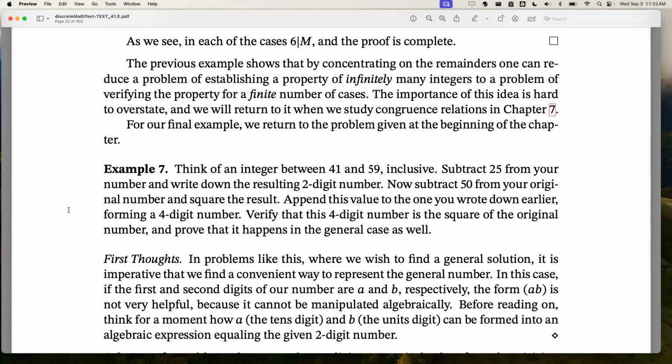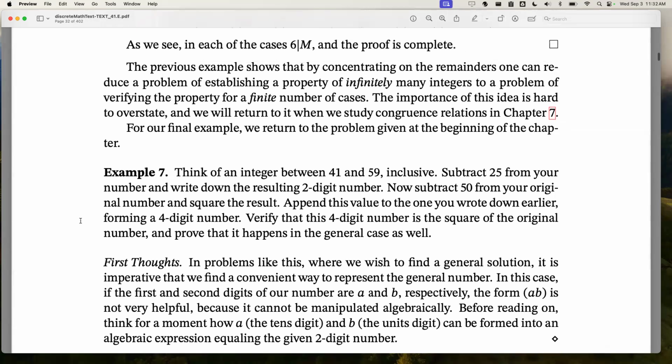We're going to put those two numbers right next to each other, and then prove that that big number is the square of our original number. Again, the answer is in the textbook, but see if you can figure that out without referencing that.